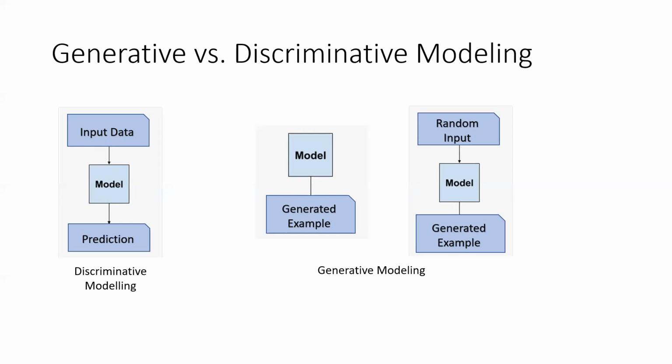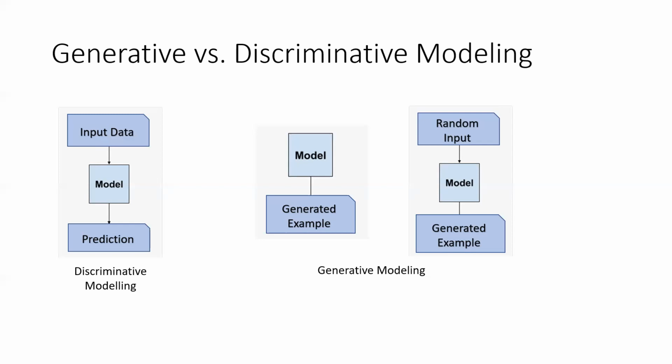Now, in the generative model, things work almost the other way. You have a model, and a model is, as we said, a mathematical or statistical function that can generate an example.